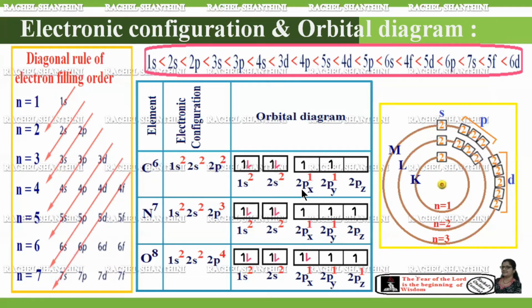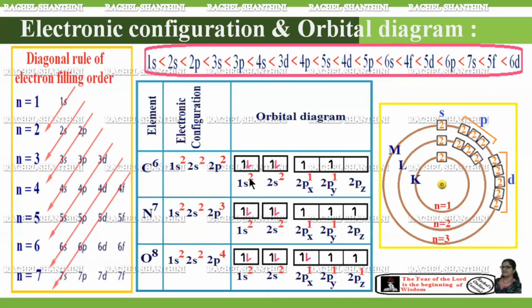So this electron in 2px is represented by upward arrow mark, and this electron in 2py is represented by upward arrow mark. Both of these electrons will have positive spin in the respective suborbital. The 2pz orbital will be empty.